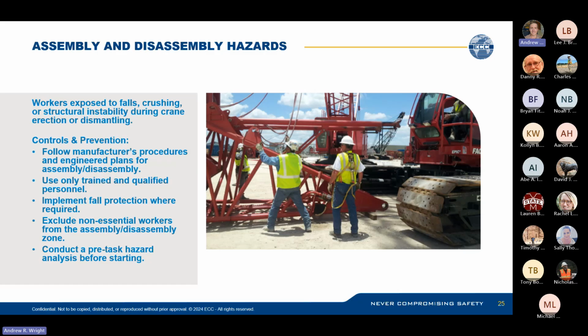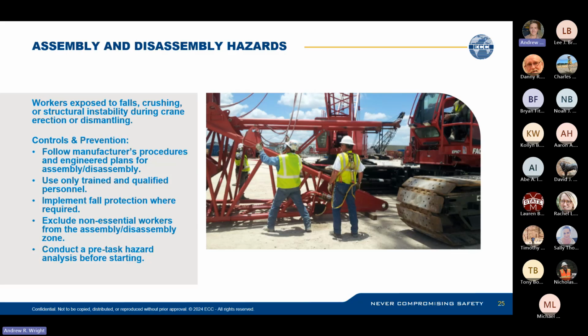Controls are to follow the manufacturer's procedures and engineer plans for assembly and disassembly. And typically you're going to have one person, a go-to guy who's like your assembly or your disassembly director. He's the person who's going to take overall responsibility for ensuring that crane is assembled and disassembled safely. So that's why we use only trained and qualified personnel.